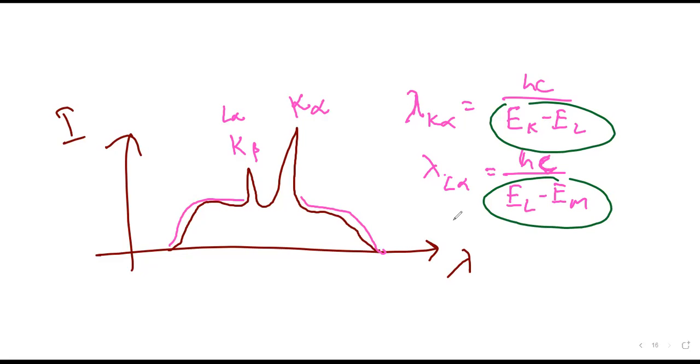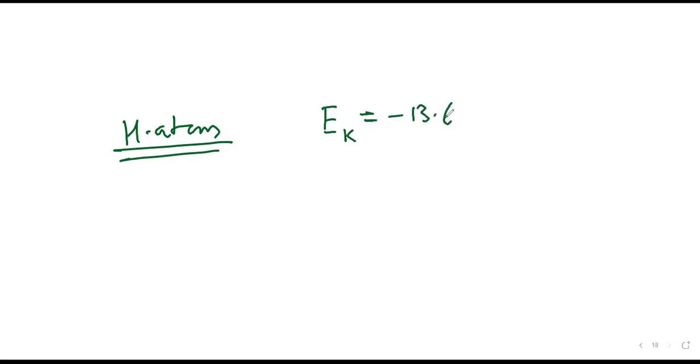actually, it depends on the atom. Now, see, I'll tell you why. For example, for a hydrogen atom, what will be the energy of the K shell? It is minus 13.6.